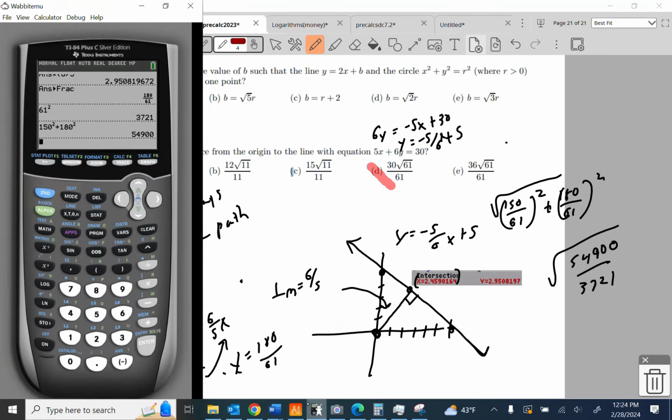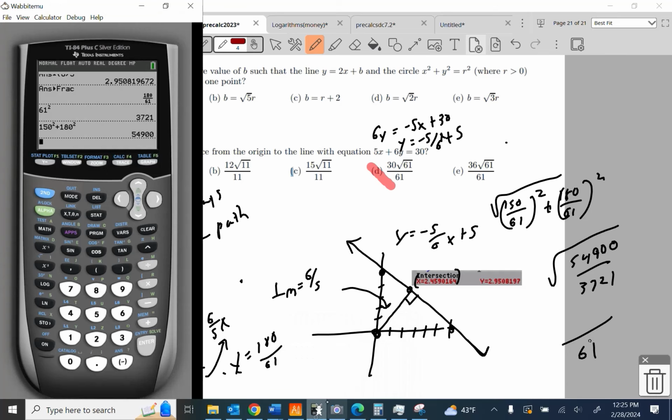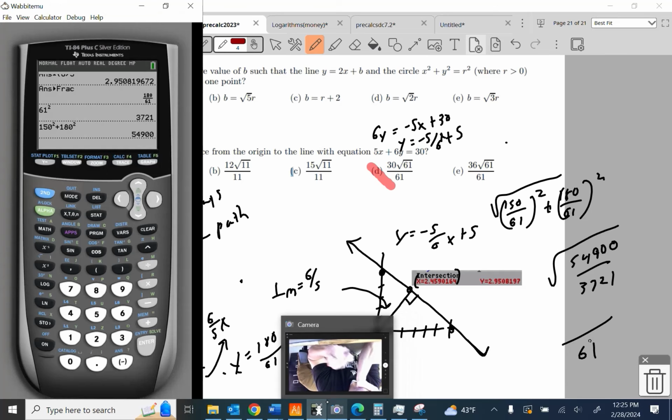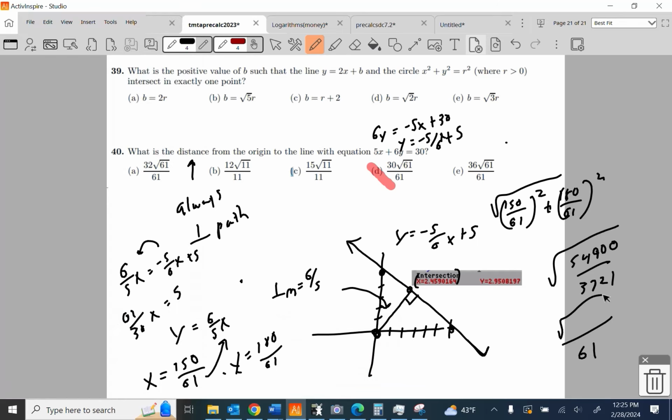Root 3721 ought to be 61 because it took a 61 squared to get you there. And 54,900, I am guessing, is divisible by 61. It is. It's root 900 times 61. And root of 900 is 30. So 30 root 61 over 61.